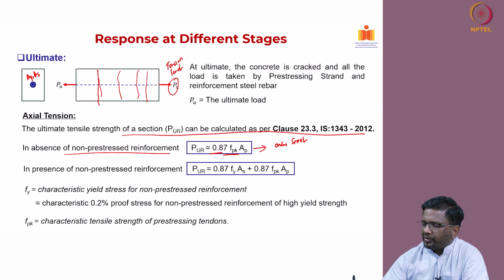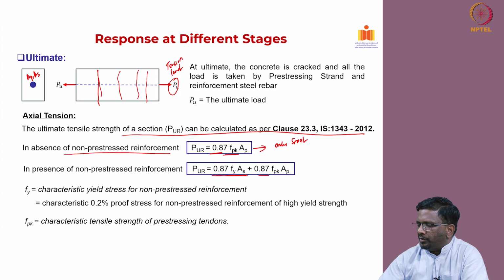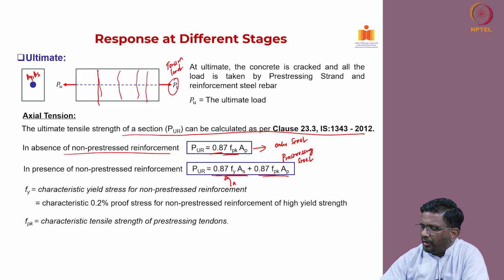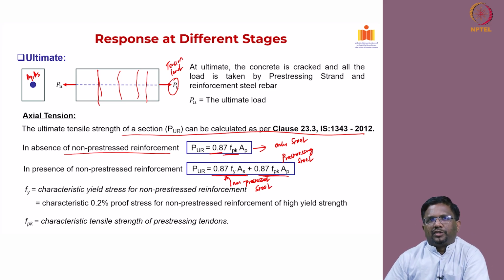Again the same process. The maximum strength of a non-pre-stressed steel or normal mild steel is 0.87 Fy into AS, and then this is from pre-stressing steel, and this is from regular non-pre-stressed steel, right. So, we add both of them, and that is the total resistance that is offered.